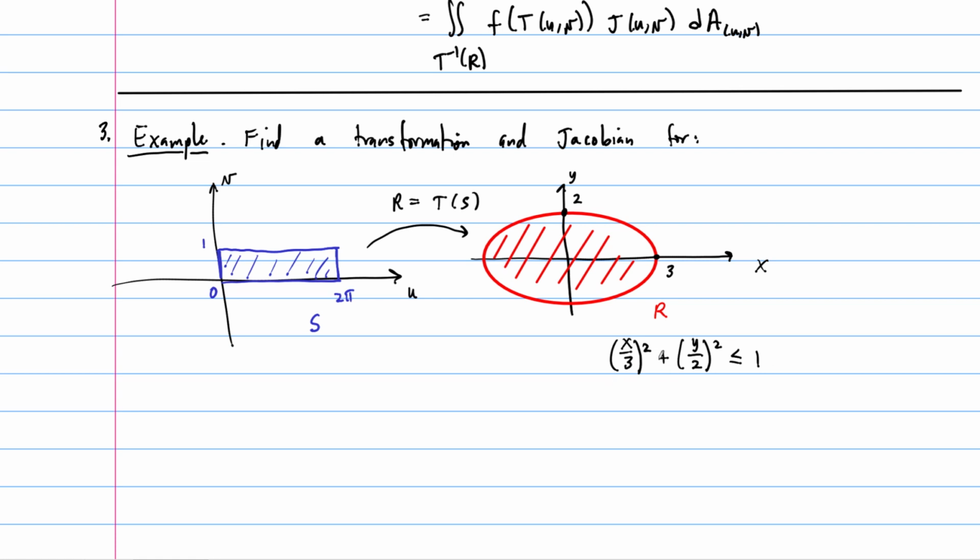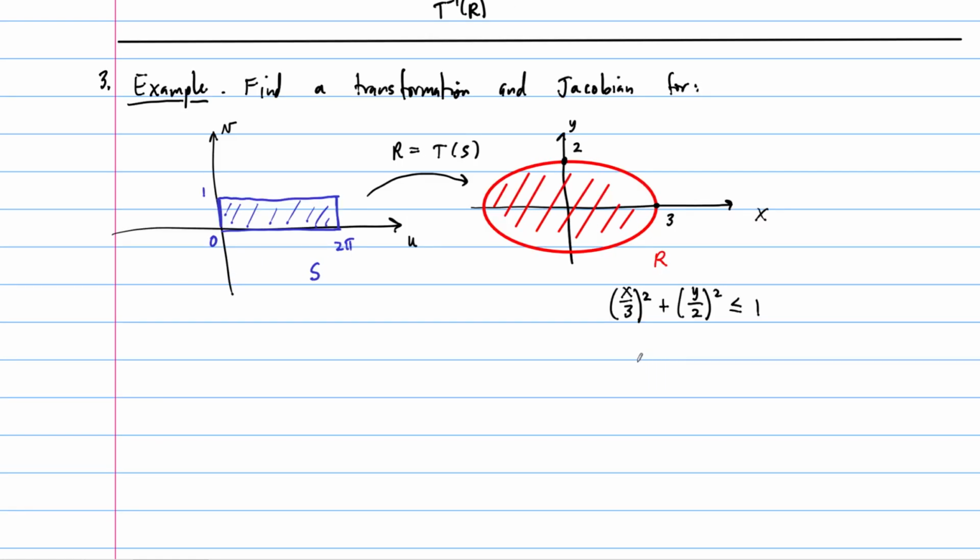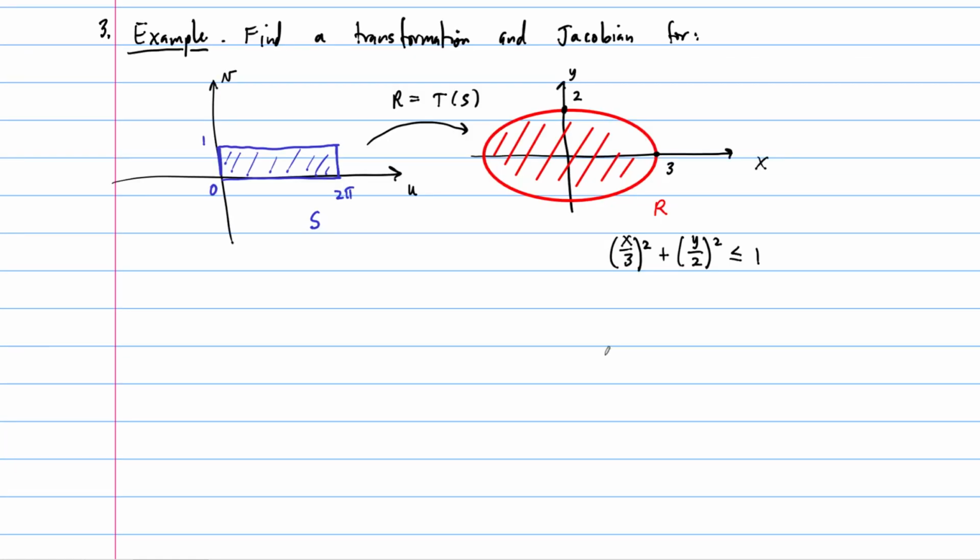Now it becomes pretty clear how we want to parameterize this. If you think back to Calc 2, we just want to make this be like r cosine theta and this be r sine theta, and then we can do it.